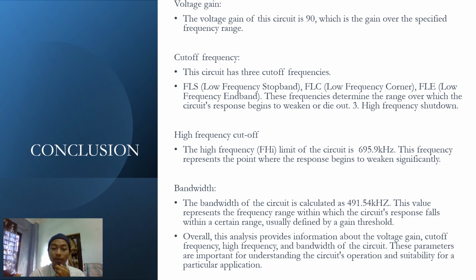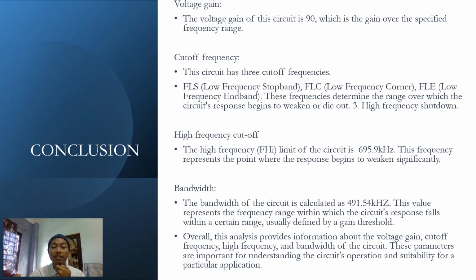And lastly, the bandwidth. The bandwidth we get for this circuit is 491.54 kilohertz, and this value represents the frequency range that the circuit response falls within a certain range, usually defined by a gain threshold.